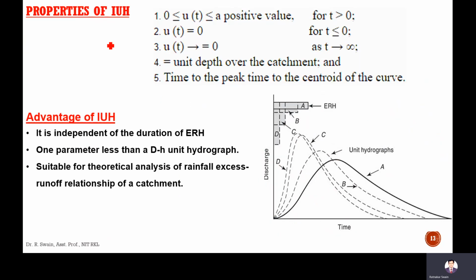The properties of IUH. When t is more than 0, t is positive, for positive duration the peak value is also positive. When t is negative or equal to 0, then U(t) is considered as 0. When t tends to infinity, then U(t) tends to 0.